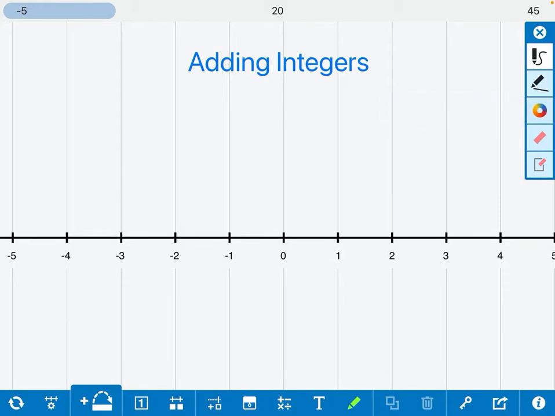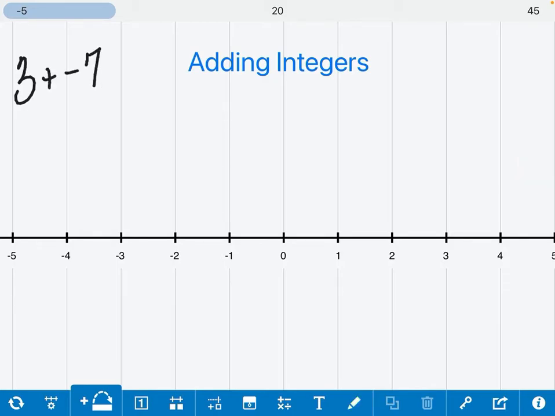Let's start with 3 plus -7. When I think about this on the number line, I kind of think of that addition sign as more.